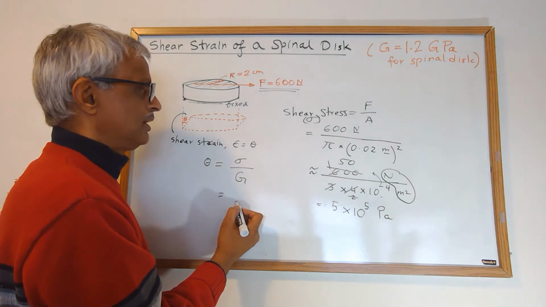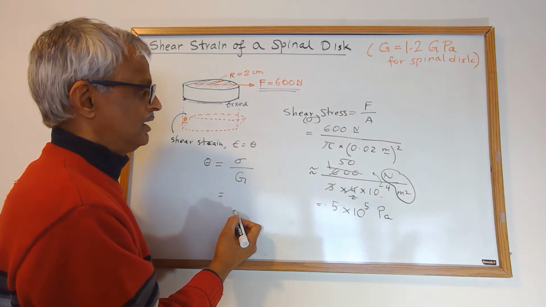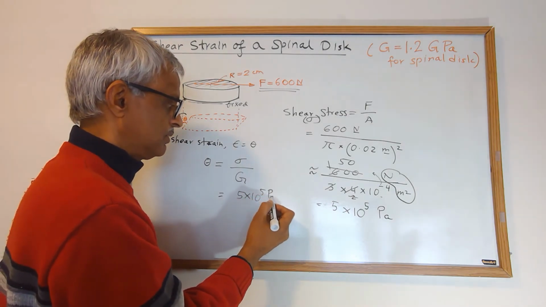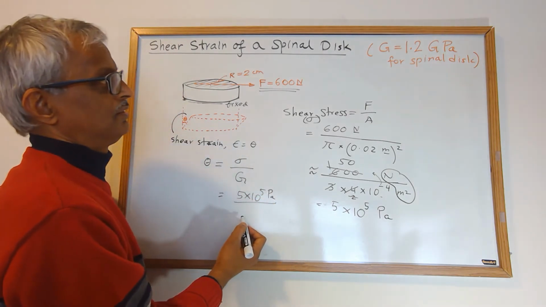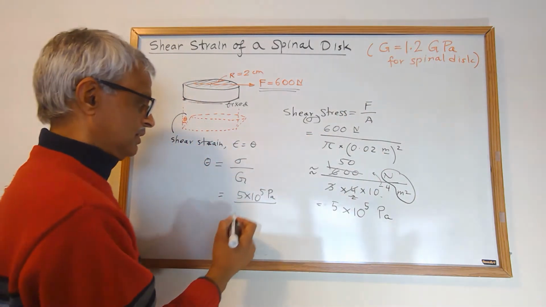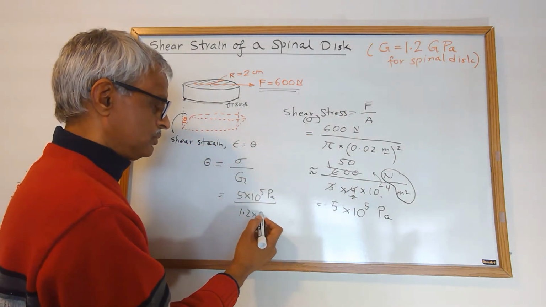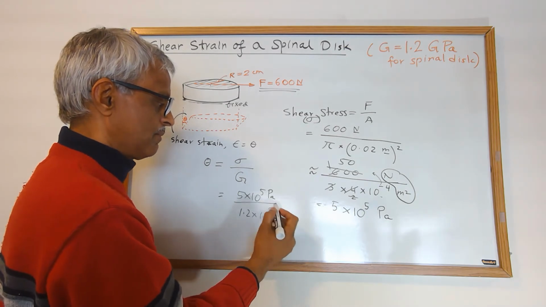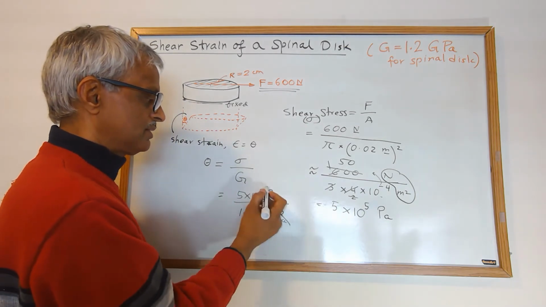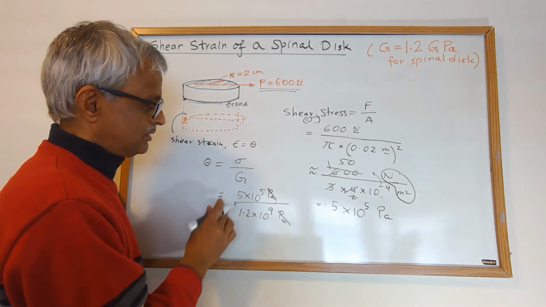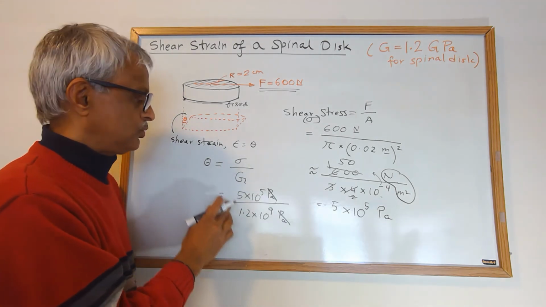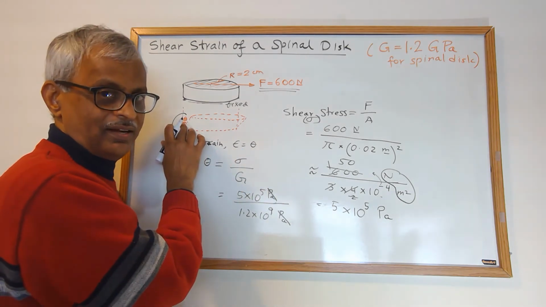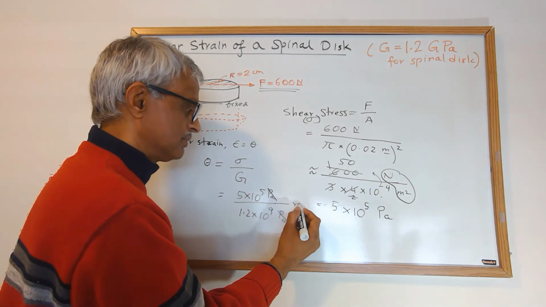So sigma is going to be 5 times 10 to the power 5 Pascal, and the modulus is in gigapascal. We can convert that into Pascal, 10 to the 9 Pascal. So Pascal cancels out. You might say there's no unit, but actually because shear strain is an angle in radian, this will be radian.